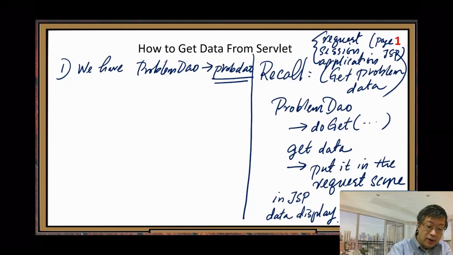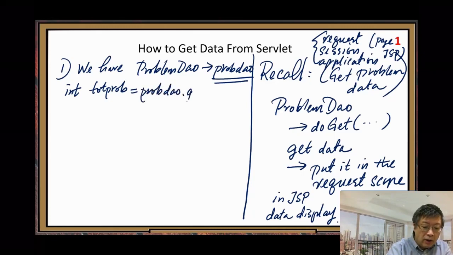Here, we need an integer variable, with the variable name totalProb. It is probDAO dot getProblemTotal, a method call.